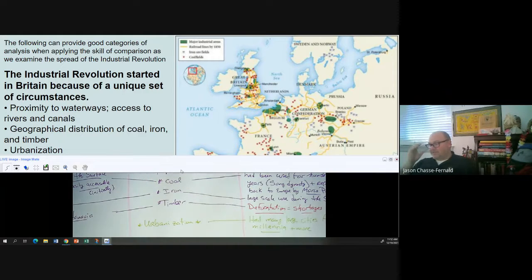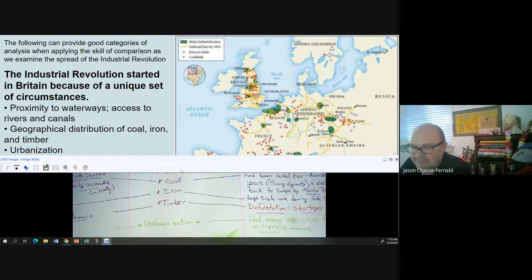I've shown you some lists over the years of the top 10 largest cities on Earth at whatever time frame, and China always has at least half of that list. So urbanization is something that China already enjoyed.